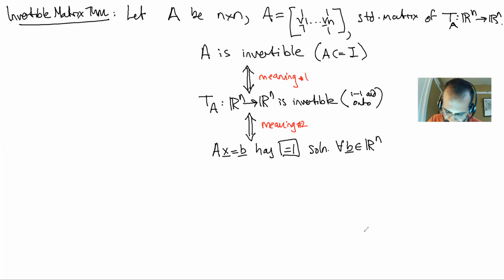But now we can look back at last week or the week before. This condition is equivalent to a certain statement about the columns of A. So what can you say about the columns of A if AX equals B has exactly one solution for every B in Rn?